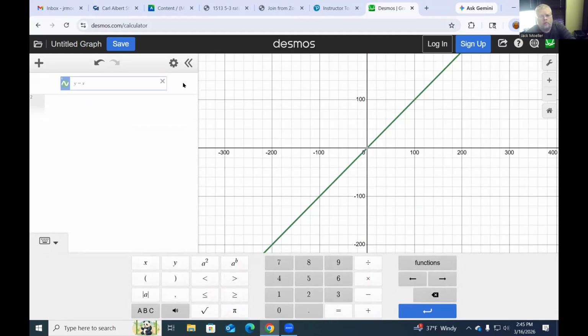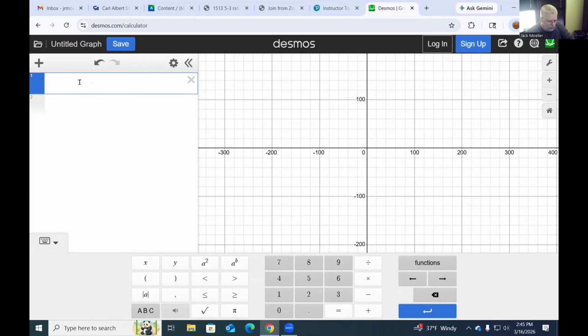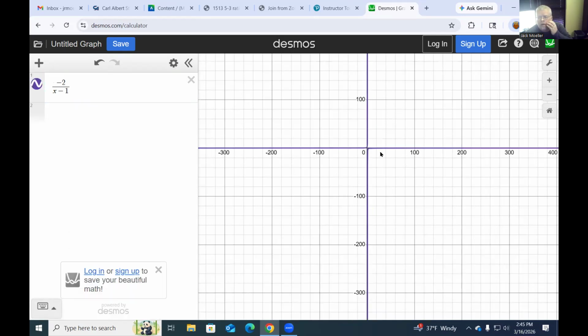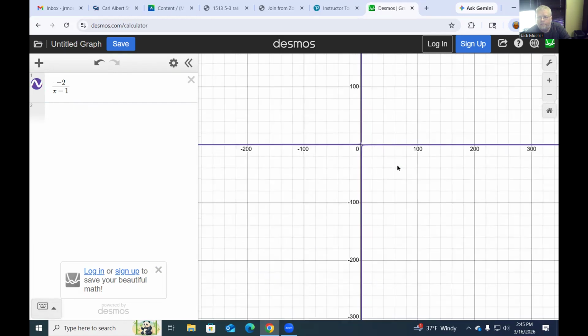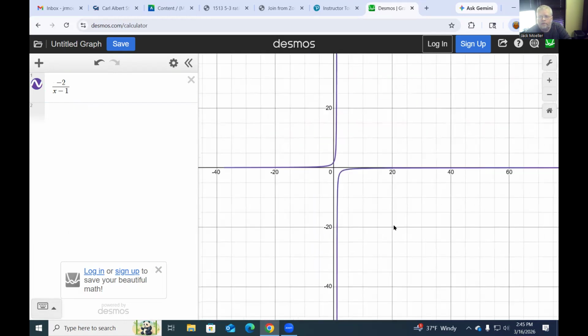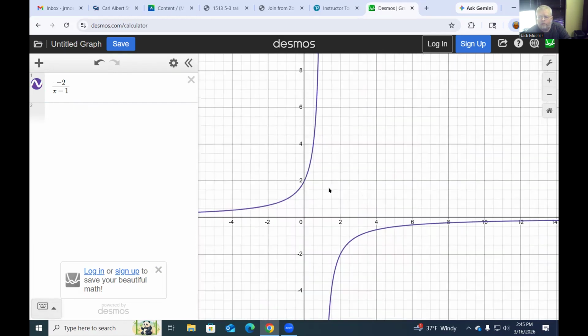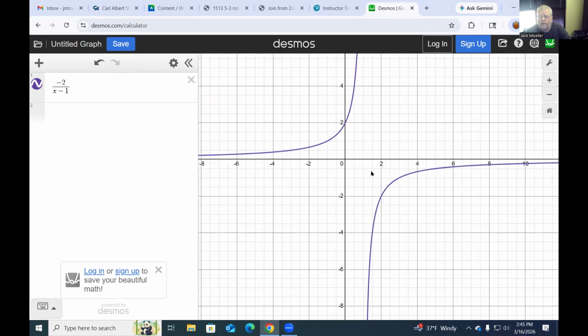Now we want to do my fraction bar. We got negative 2 on top, and then x minus 1 in the denominator. Now it's kind of hard to see, but let me zoom in because I was zoomed way out the first time.